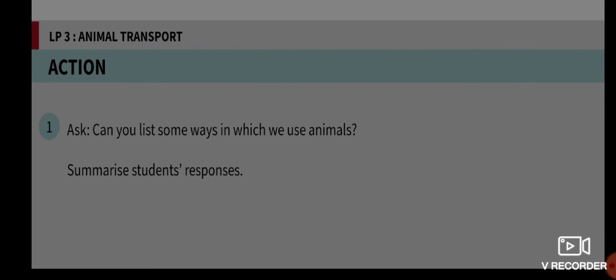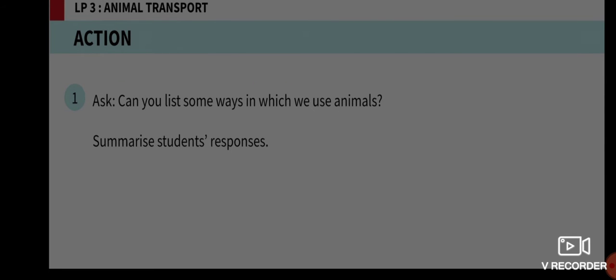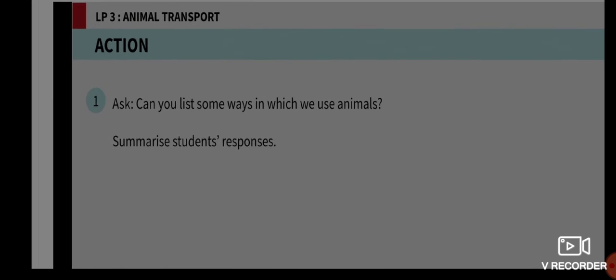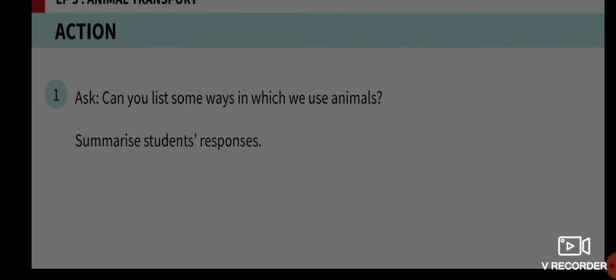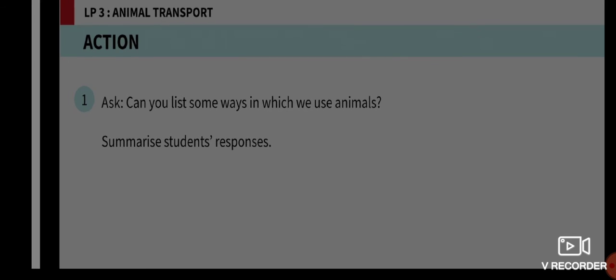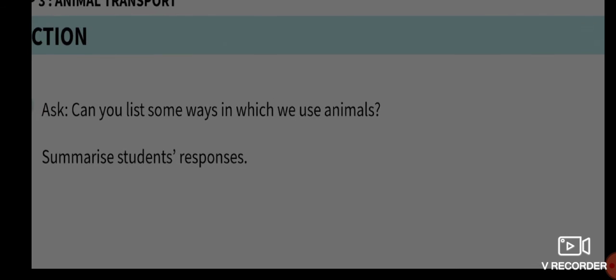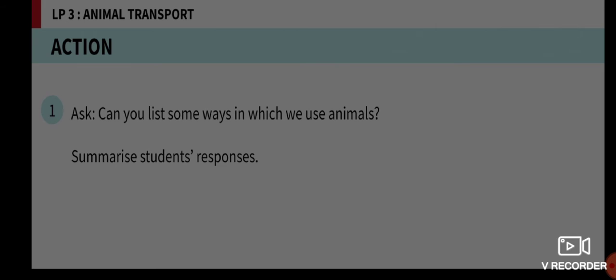Now, can you list some ways in which we use animals? I'm sure you all have seen animals which people use to do their work. I'm sure you all know the answer. If you have visited your village during your summer break, you have seen farmers use cows for ploughing their field.